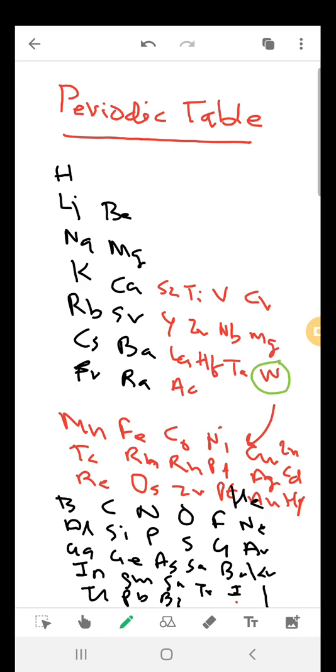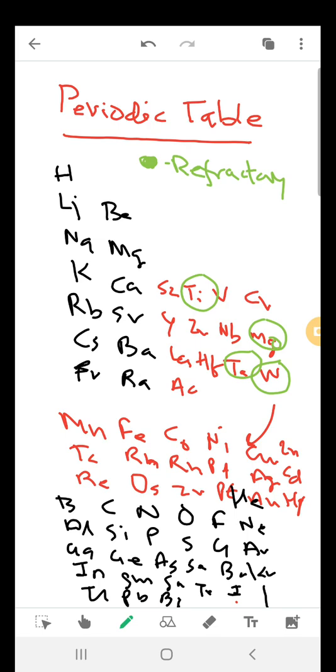Then molybdenum, Mo, and titanium. These metals are basically the refractory metals, or high temperature metals.